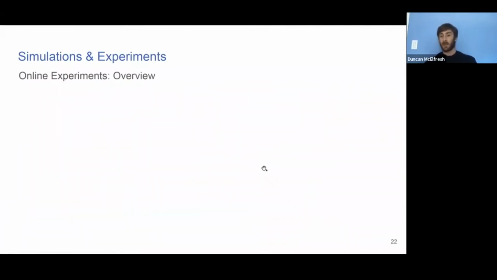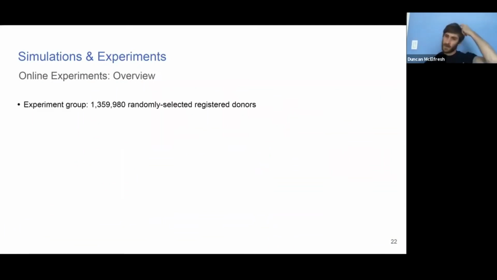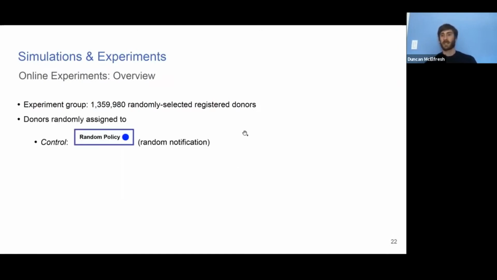I want to very briefly talk about some fielded experiments we've run. We ran some experiments on a subset of the Facebook donor population, using about 1.3 million donors, where donors are randomly assigned to either experience the random notification policy, which is the baseline that's been used, or the greedy notification policy, where we provide some weight model.